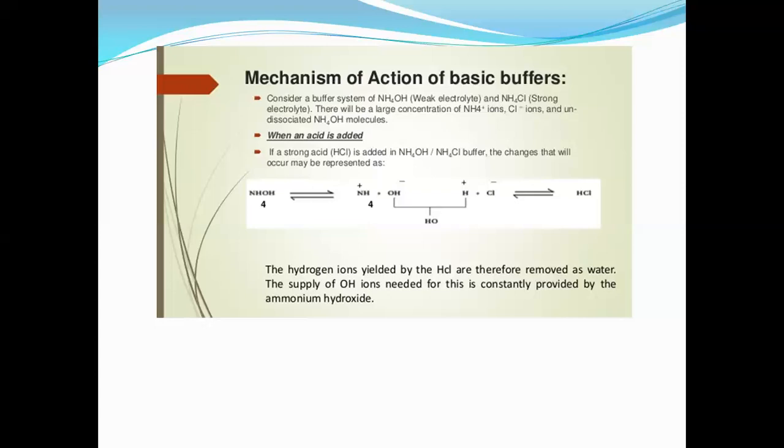Undissociated इसलिए क्योंकि ये एक weak base है, and the weak base dissociates partially. तो इस solution में NH4OH molecules भी होंगे. When a strong acid, HCl, is added to this NH4OH and NH4Cl buffer, the changes will be as follows.